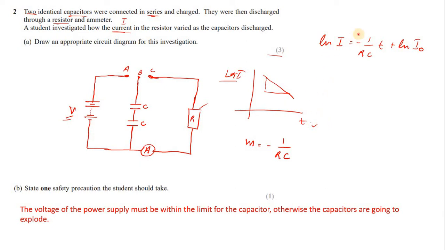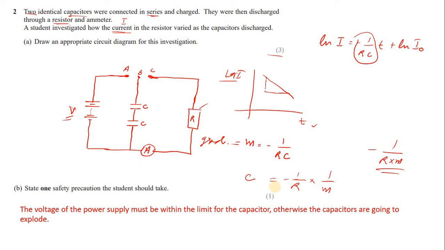So the gradient of this line will be minus 1 upon RC, and clearly capacitance can be found as minus 1 upon R times M, or minus 1 upon R times the gradient. If you're confused, M is the symbol for gradient, so you can say M is the gradient.